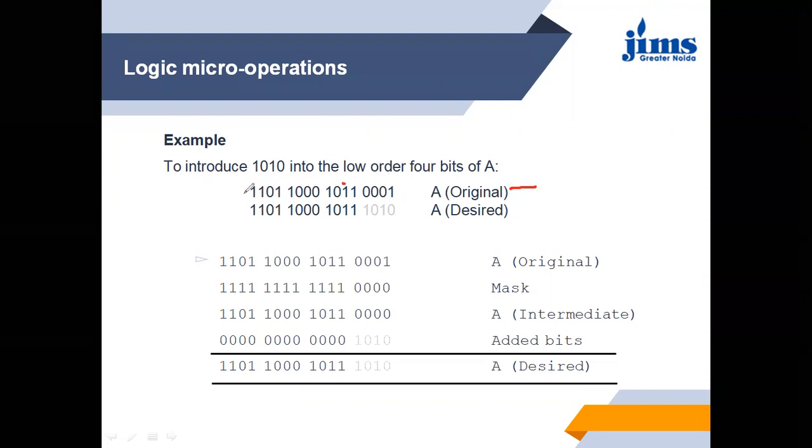This is the original content of register A. We want to set the value of A as 1101, 1000, 1011, 1010. If you compare the desired one and the original one, then these upper bits are the same.